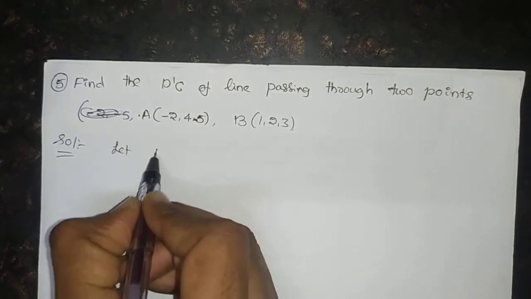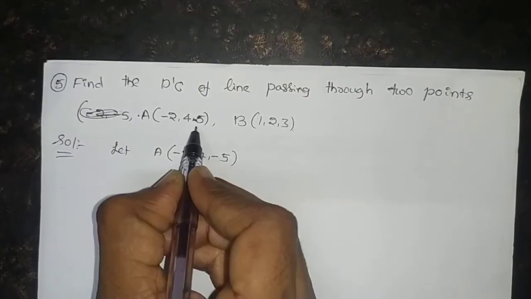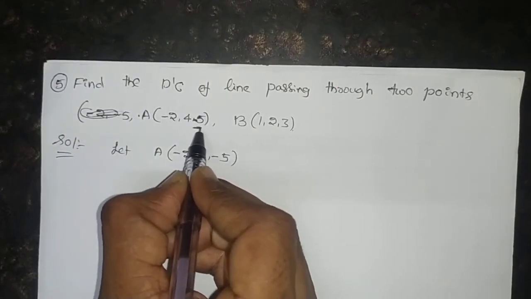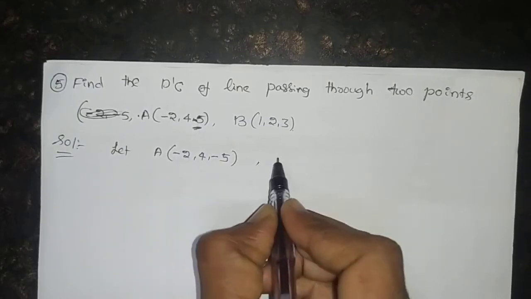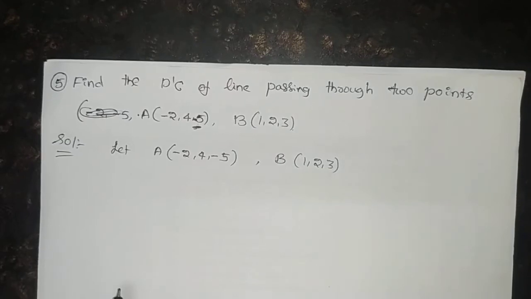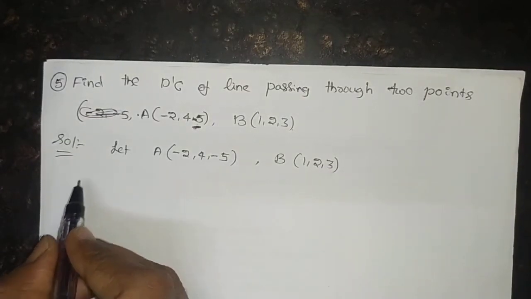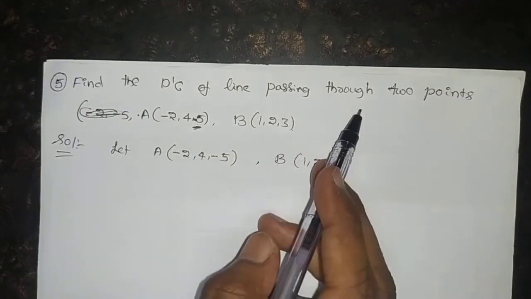Let the points given be A (-2, 4, -5). Okay, it is -5, it is not +5. And the point B (1, 2, 3). How to find the direction cosines of the line joining 2 points?